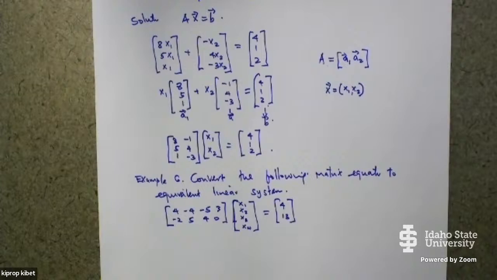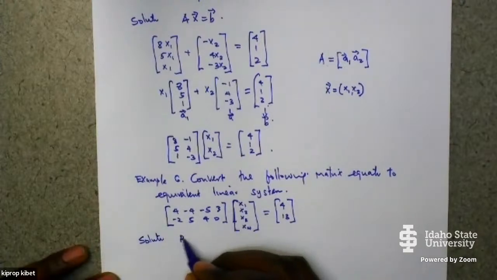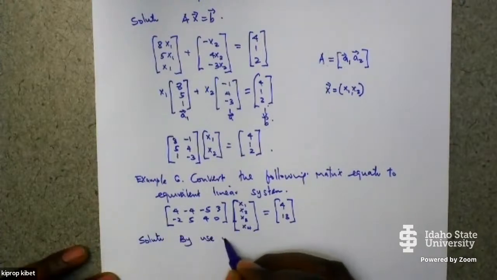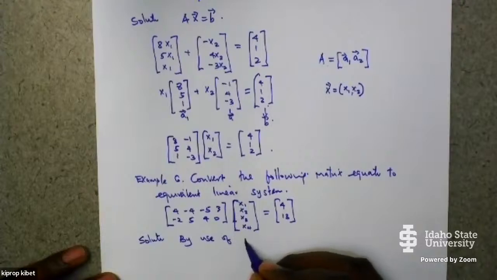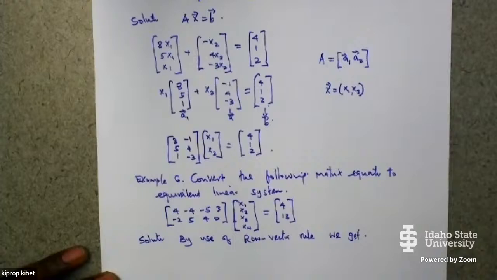So the solution by use of the row-vector rule, we get 4x1 minus 4x2 minus 5x3 plus 3x4 equals 4.